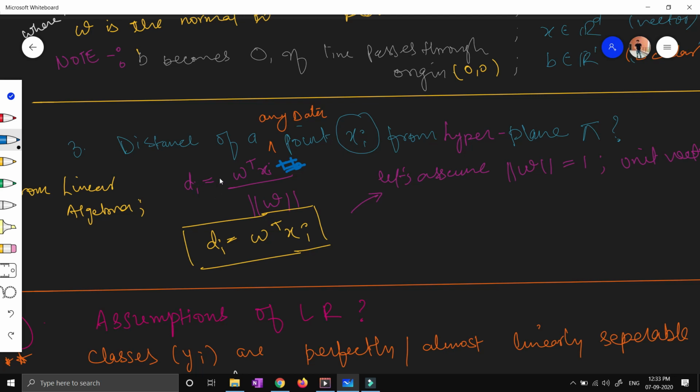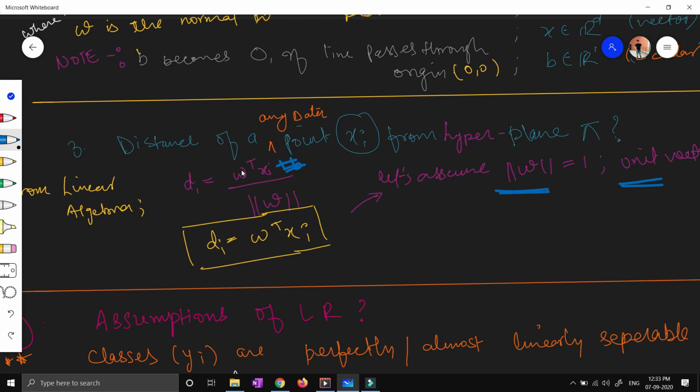So you can see di equals W transpose xi upon norm of W. Let's assume, to solve this problem, that our norm W is equal to 1, which is a unit vector as of now. We can very well define this from linear algebra.